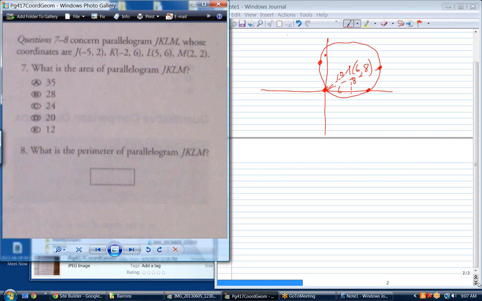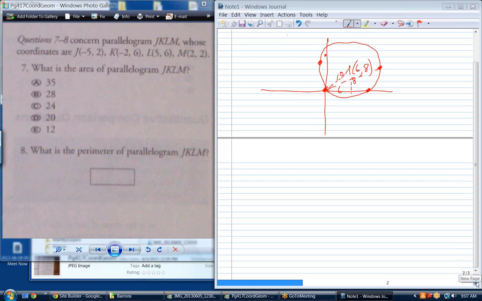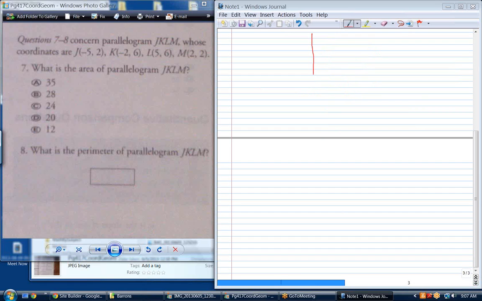Okay, let's see. Let's go to 7. Redraw this just because. Now these are fairly common problems also where you have a parallelogram. So again, let's try to approximate the points here. Minus 5, up 2. So that's minus 5 comma 2. Minus 2 comma 6.